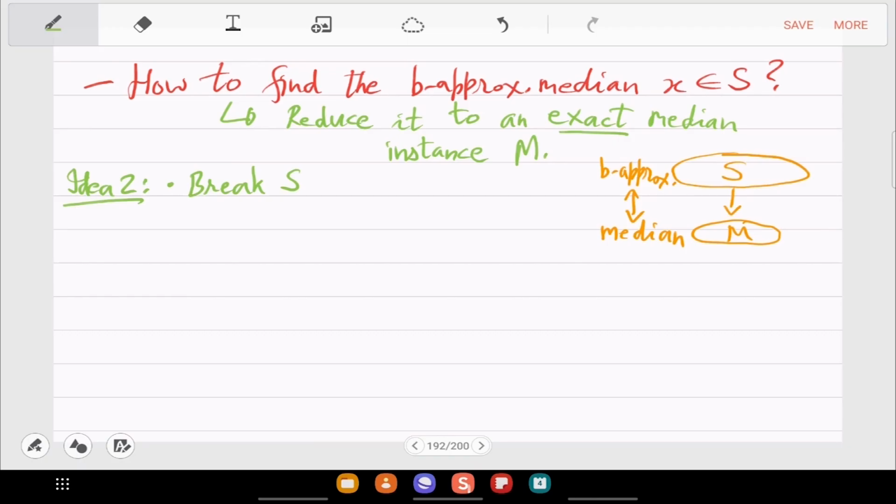They have to be significantly smaller than n, let's say square root n. If you take a square root n sized array, then you can sort it and compute the median, everything in order n. So the groups have to be significantly smaller than n. In fact we will keep it a constant, we will keep it 5. So let us break S, let's start with something simple, into subarrays of size 5.